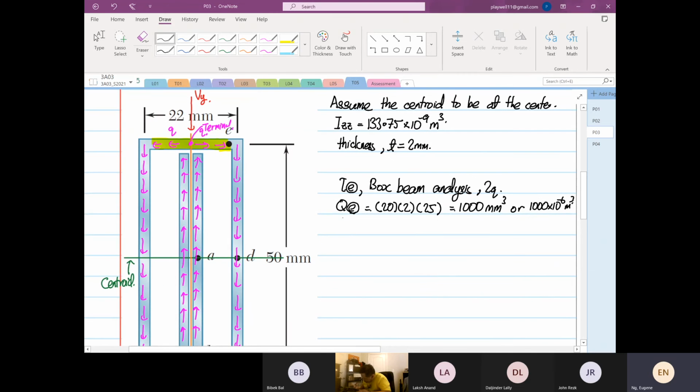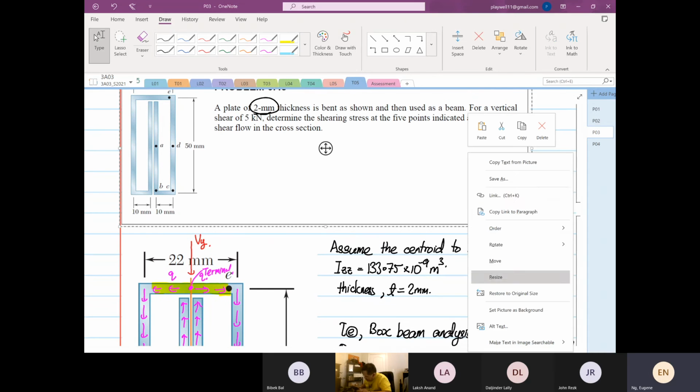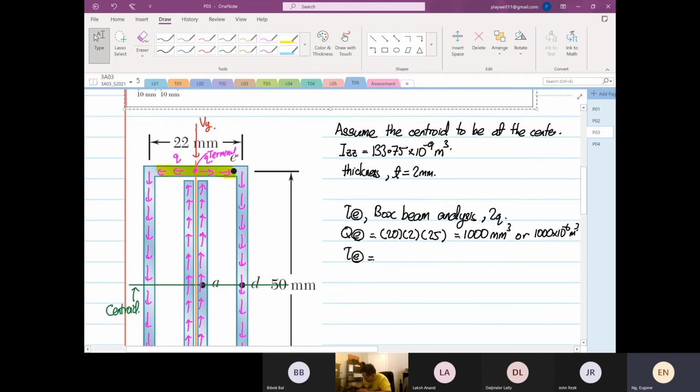Right. So the shear at point E. The force that is given is equal to 5 kilonewton. So 5 times 10 to the power 3. The Q is 1,000 times 10 to the power minus 6.